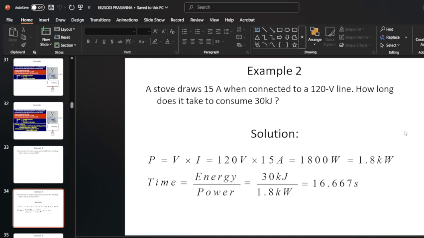We put the energy value of 30 kilojoules and the power of 1.8 kilowatts, and finally we get 16.66, rounded up to 16.667.